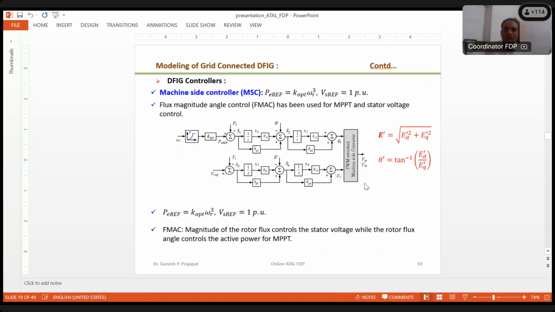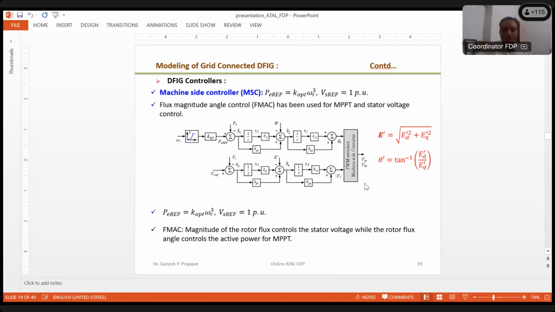Now coming to the controller part, as I said, the active power and stator voltage are controlled through the machine side converter, so it must obviously have some PI controls. There are various techniques. Here I have associated it with the flux of the rotor, and accordingly this technique's name is flux magnitude angle control, FMAC.